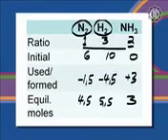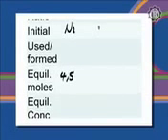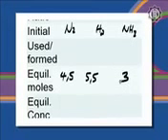Okay, now from this I can actually find my equilibrium concentrations. This is 4.5 for nitrogen. Okay, just allow me to do it this way here, and then it's 5.5 at equilibrium for hydrogen, and it's 3 for NH3 ammonia.